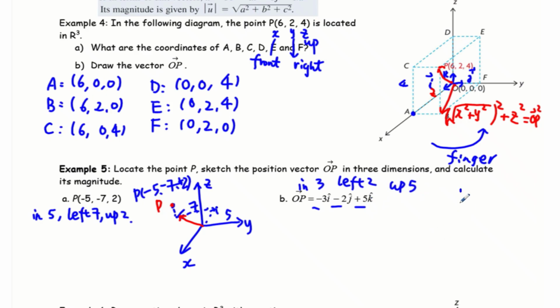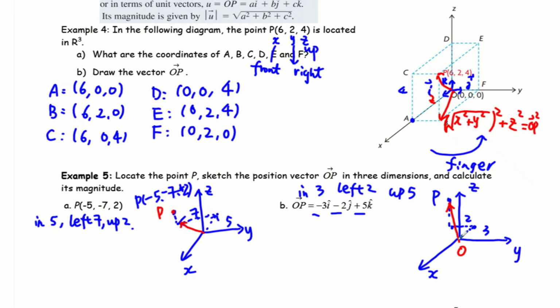So if we draw it, x, y, z, -3 go inside, then left 2, then up 5. This is your P value. Point P, then from O to P, just draw from O to P. This is vector OP, okay?